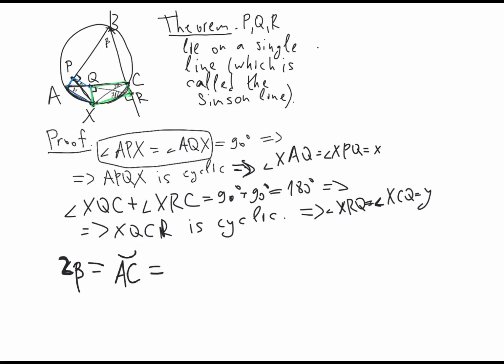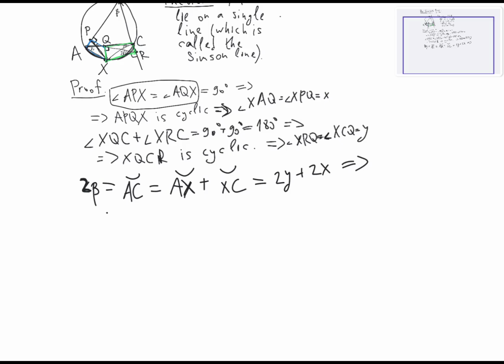On the other hand, the arc AC is the sum of two arcs AX plus XC, where AX is equal to 2y and XC is equal to 2x. So in total we have x plus y is equal to beta.